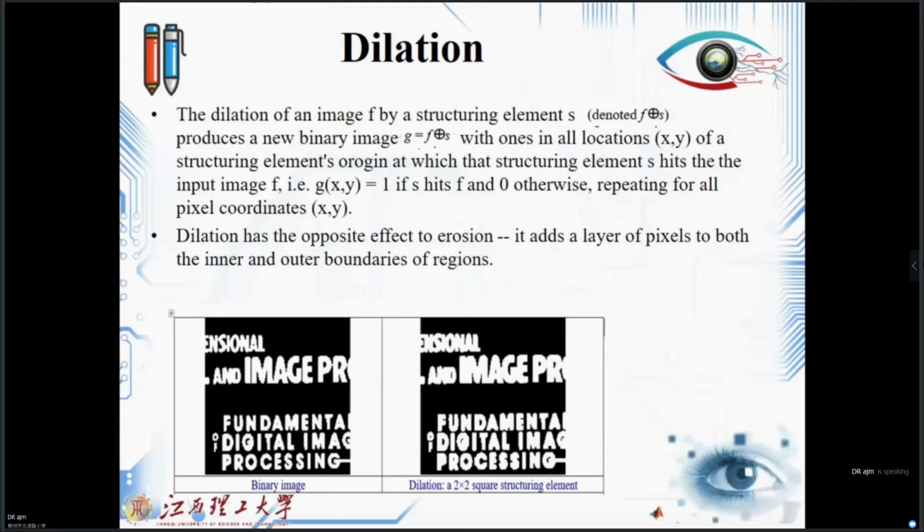Dilation has the opposite effect to erosion, and it adds a layer of pixels to both the inner and outer boundaries of the region. Here you will see the binary image and the dilation effect on the image. But what will happen here?